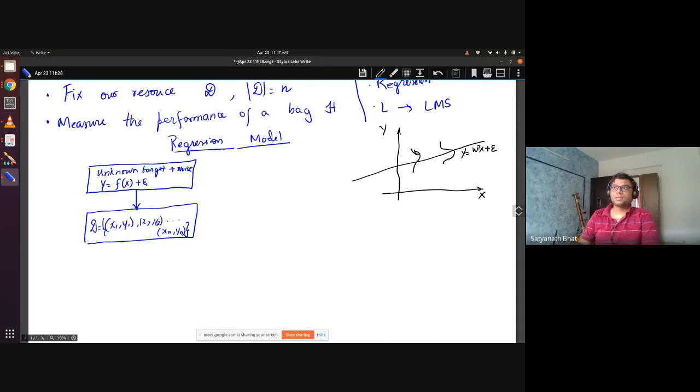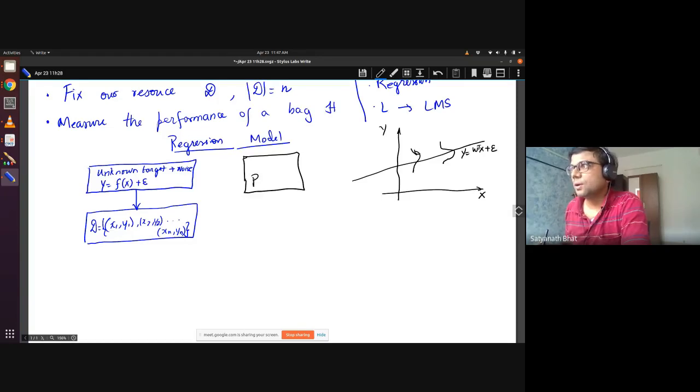Now, how are the x's coming? The x's are coming from some sampling. There is a probability distribution p on x, this is the feature space, and it will feed into this.